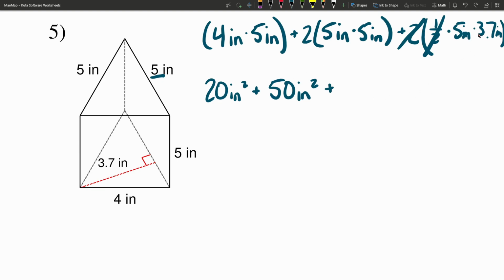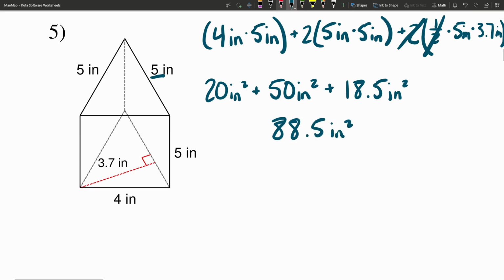So I just have 5 inches times that 3.7 inches, which is 18.5 inches squared. Now adding these all together, 20 plus 50 is 70. 70 plus 18.5 is going to give me 88.5 inches squared for my total surface area.